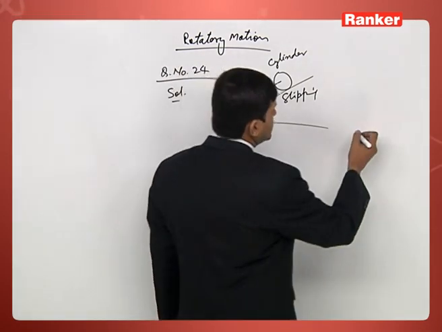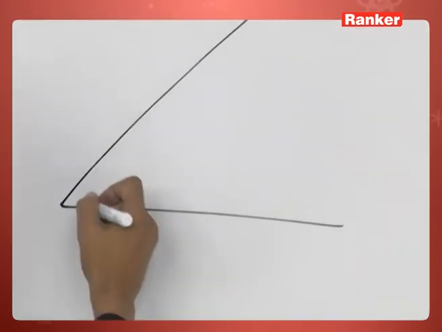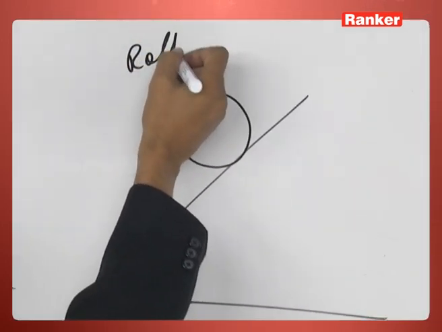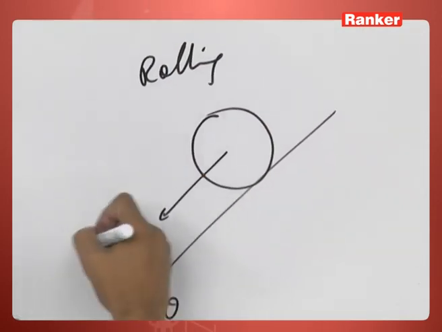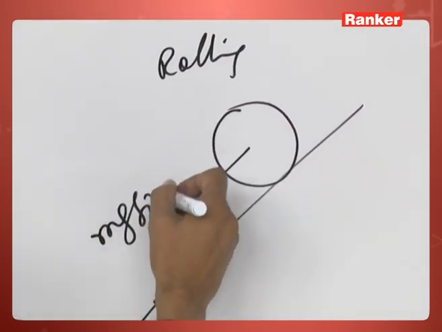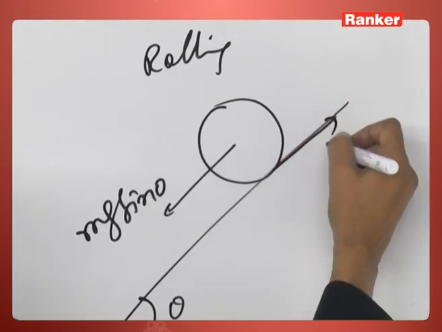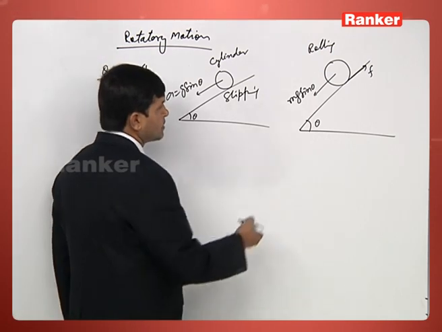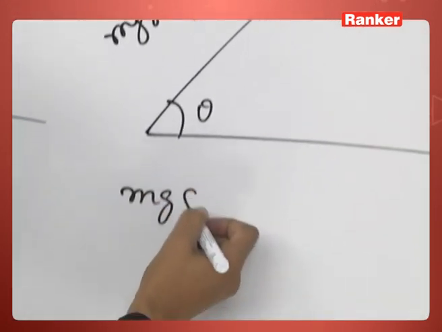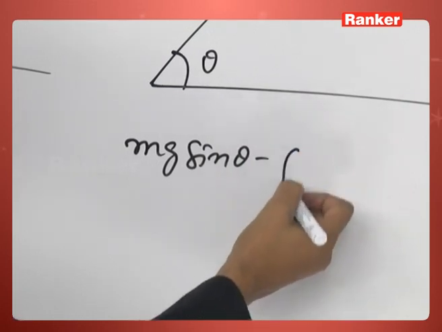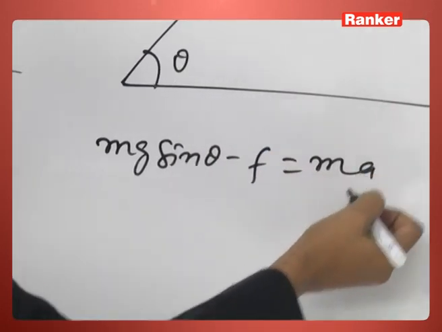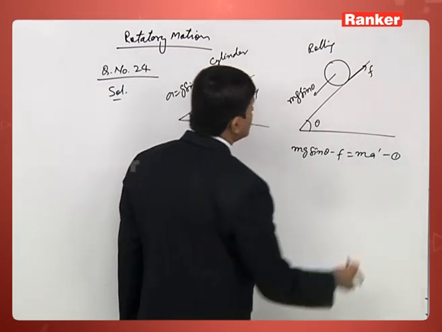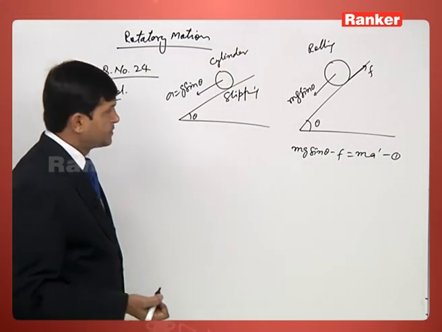Now in case of rolling, see how to solve. mg sin theta acts here, so a friction force is there. That friction plays both roles, rotation as well as translational. The mg sin theta minus f is m a dash. This is the equation for translational motion.